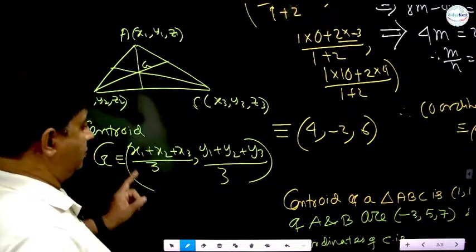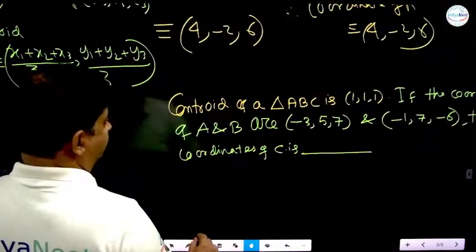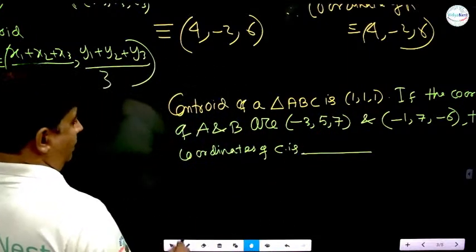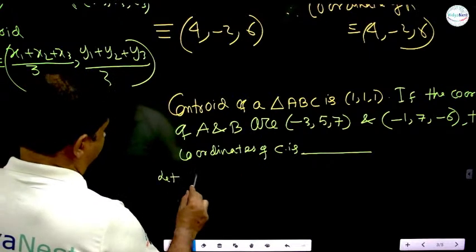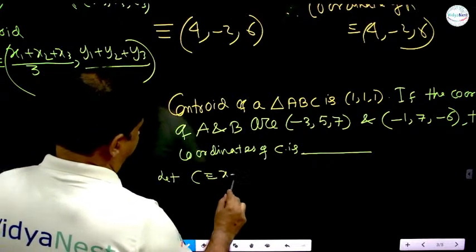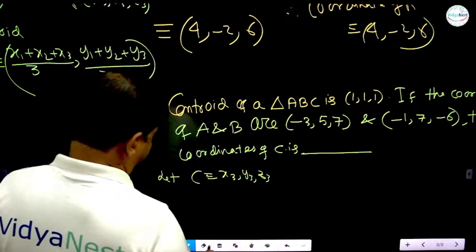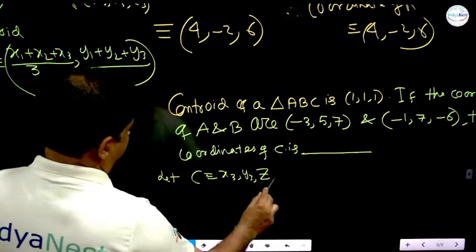That is G. So this is the formula of the centroid. Here G is given as (1, 1, 1), and the coordinate of C we don't know. Let C be (x3, y3, z3).